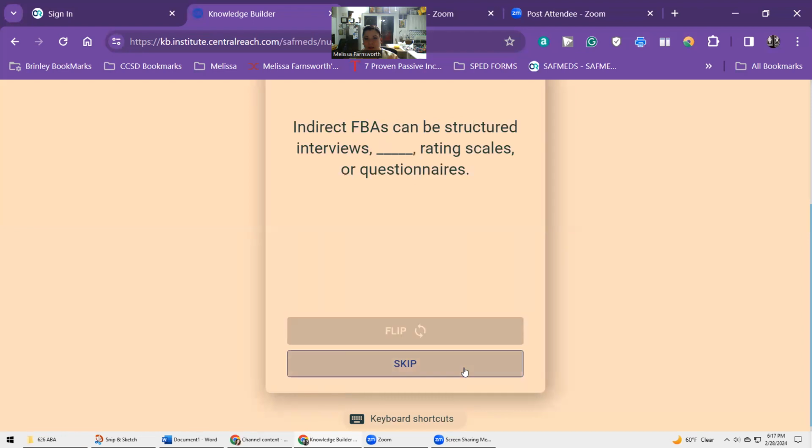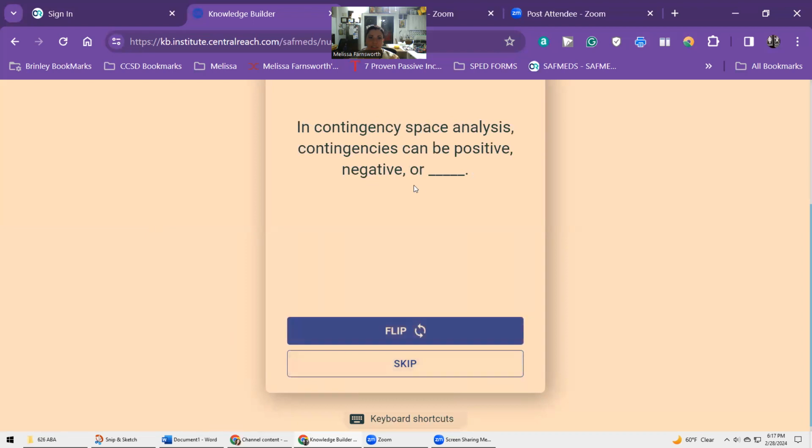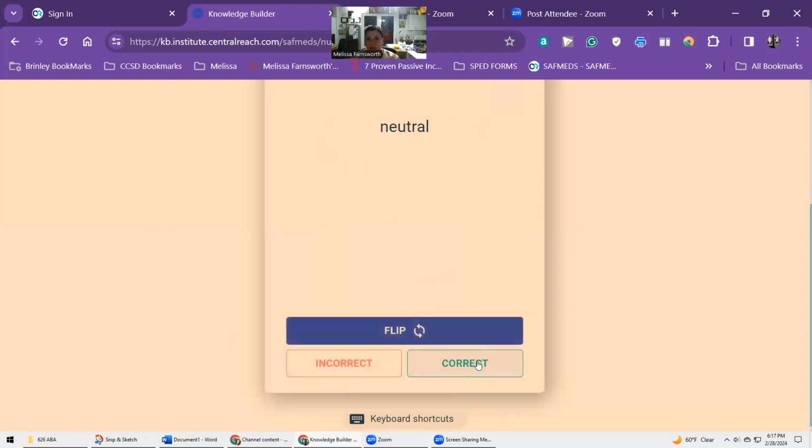Conditional probability. Indirect FBAs can be structured interviews, blank rating scales, or questionnaires. Checklist. In contingency space analysis, contingencies can be positive, negative, or blank. Neutral.